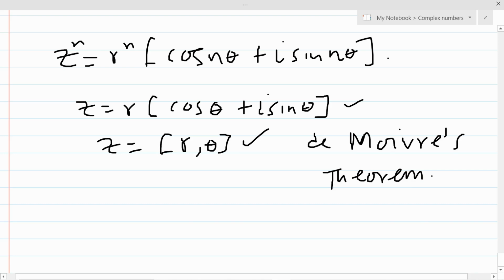Now let's look at the nth root of a complex number. What we've done with de Moivre's theorem, let's look at the nth root of it.